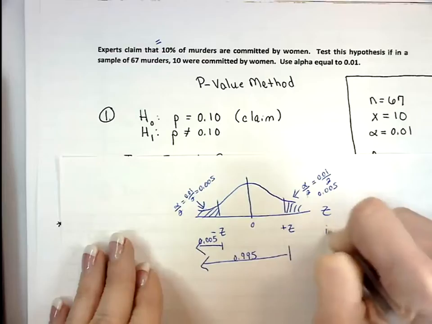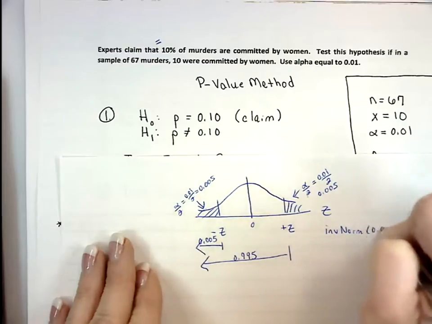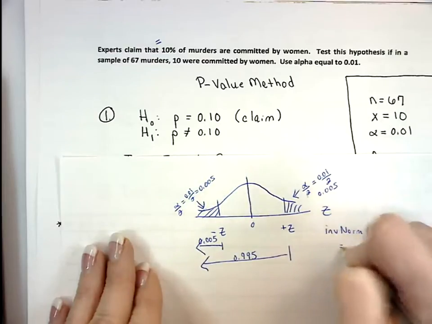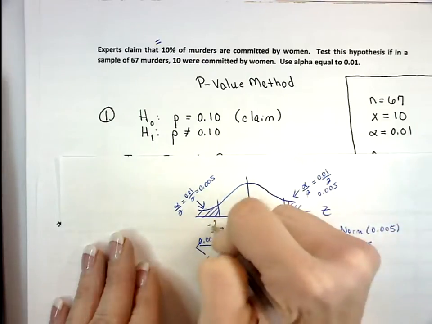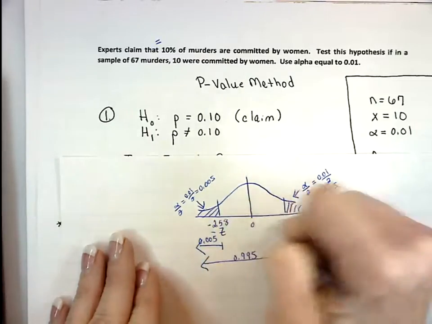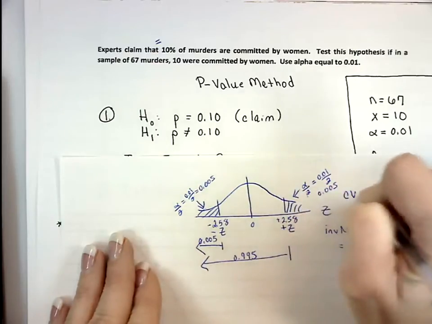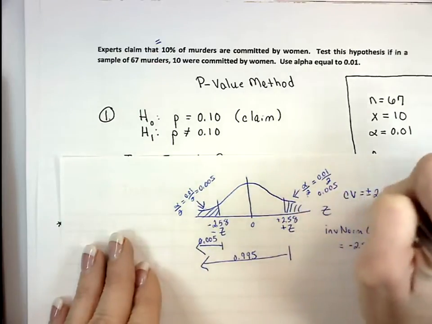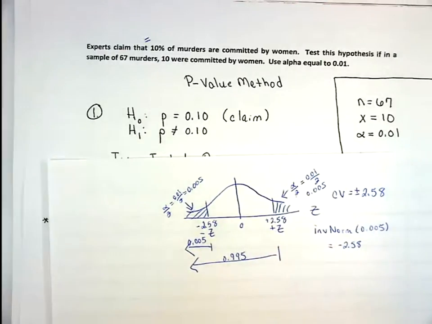I recommend doing invNorm, which is 0.005, and you should get a negative 2.58. So your critical values will be negative 2.58 and a positive 2.58. Critical values are plus and minus 2.58. And those would define your rejection regions.